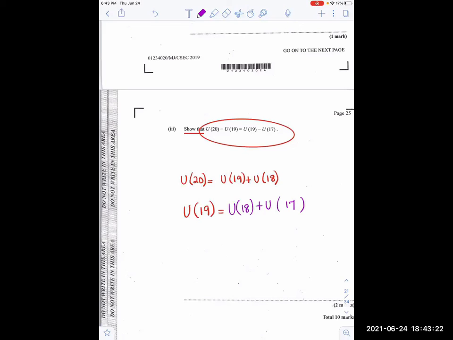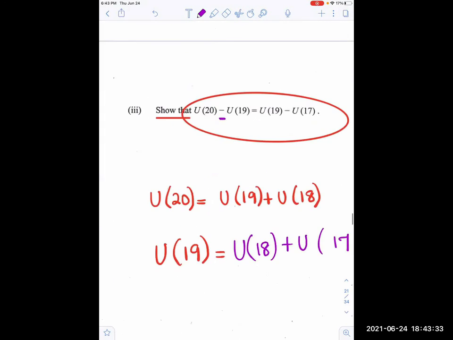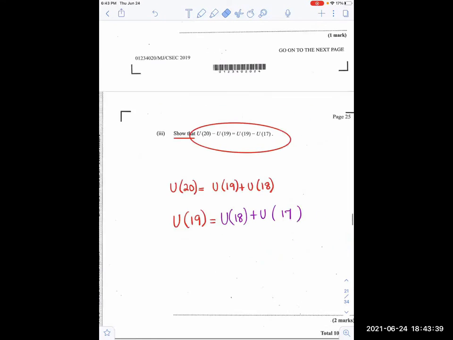Right. What operation are we doing here? Adding, multiplying, dividing, what are we doing? What is this operation here? What does this mean? Take away, subtract. We're going to subtract.